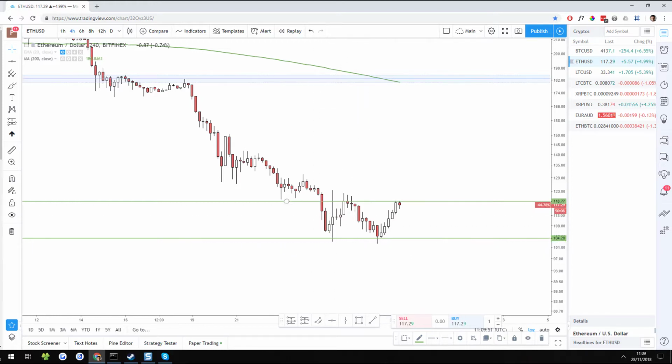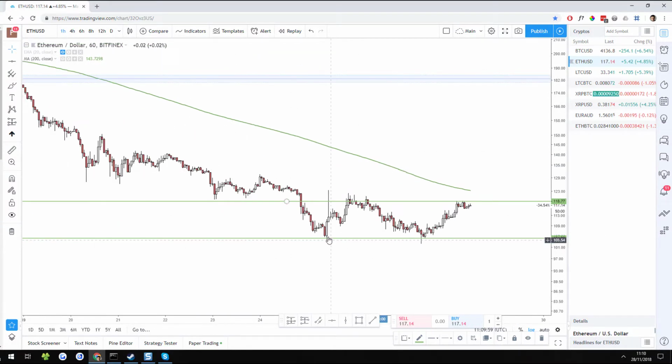It's pretty much a range forming. This bounce from the bottom of the range is not quite as clear on Ether USD, but it's still a bounce from the bottom of the range. I mean, if you go to the 1 hour, then you'll see it a lot more clearly. So the analysis for BTC USD, same thing for Ether USD, just using obviously different numbers because Ether is a bit lower.